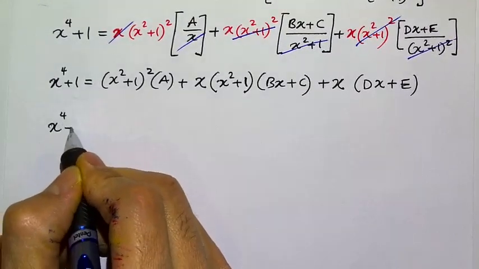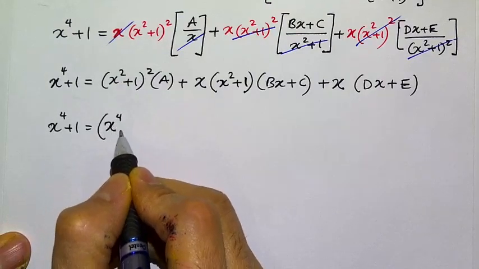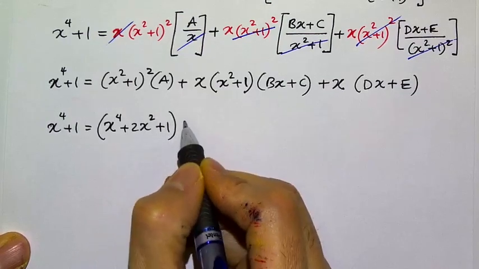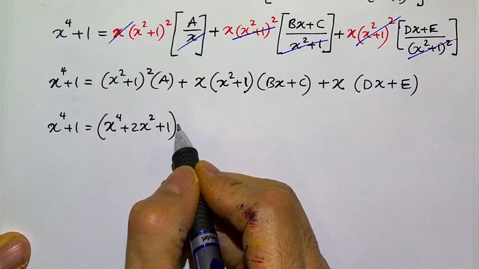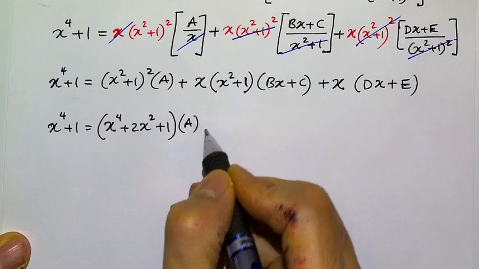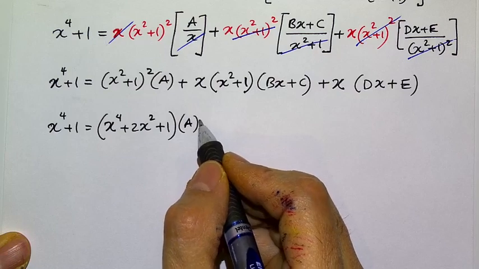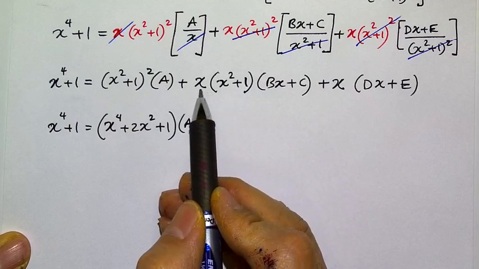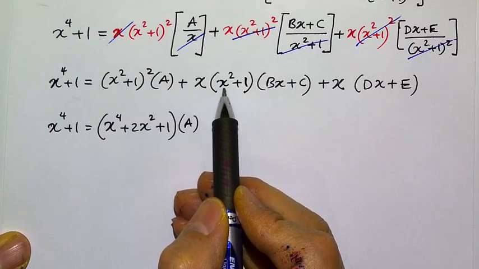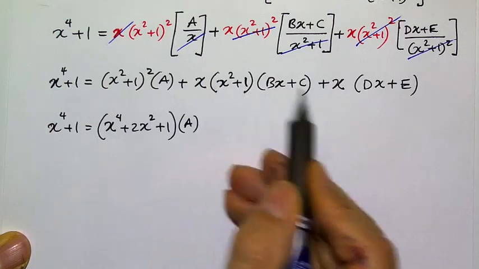So x to the 4th plus 1 equals, let's expand this, we get (x to the 4th plus 2x squared plus 1) times A. Next, what I'm going to do is multiply this x into that, and then in the next step, I will FOIL that.